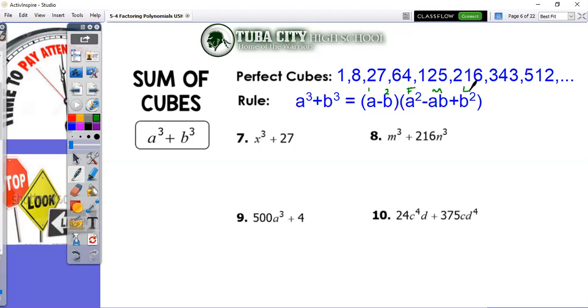So we multiply 1 times the first, 1 times the middle, 1 times the last. And then we do the same thing, 2 times the first, 2 times the middle, 2 times the last, and then we add them together. That's why we have so much stuff coming from a little binomial like this.